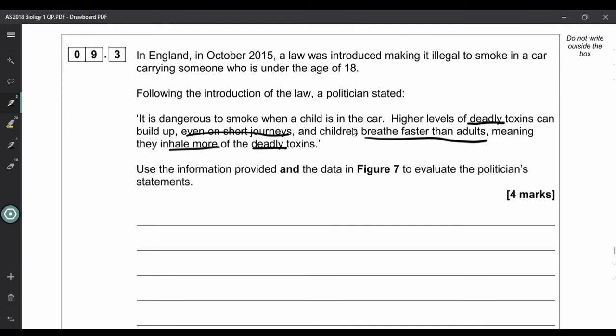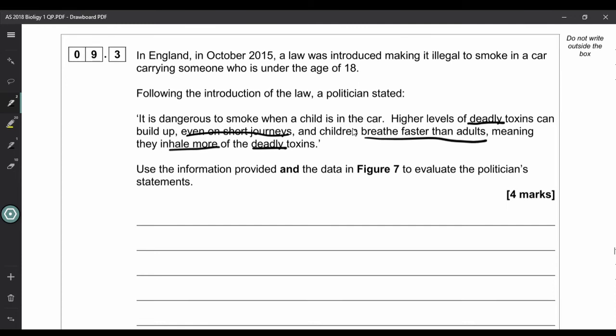So now we've had a look at those tables, let's start putting the information in the answer. So it's asking us to evaluate this statement, which implies that we're going to have to give some responses that back up the politician's claim and some responses that refute, that are against what the politician's saying.